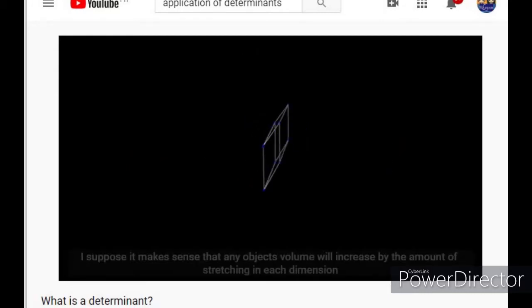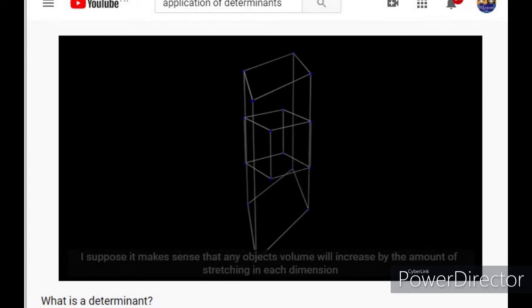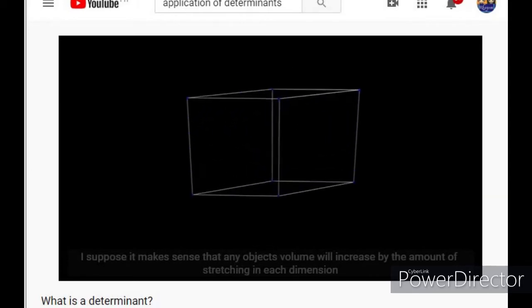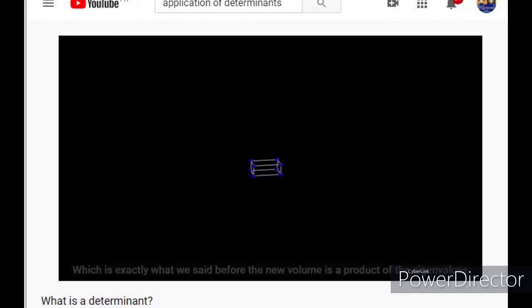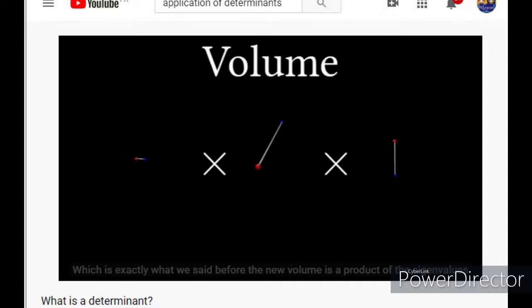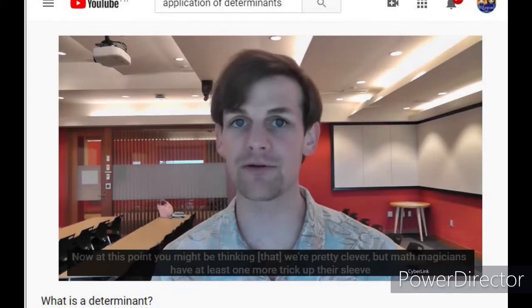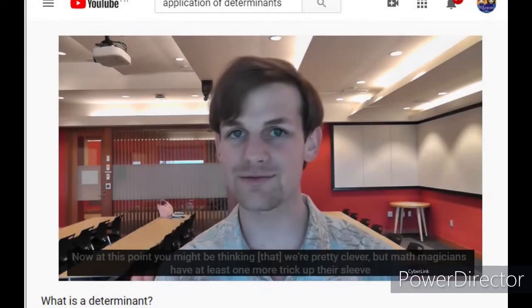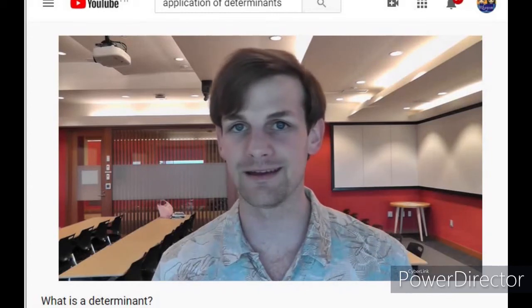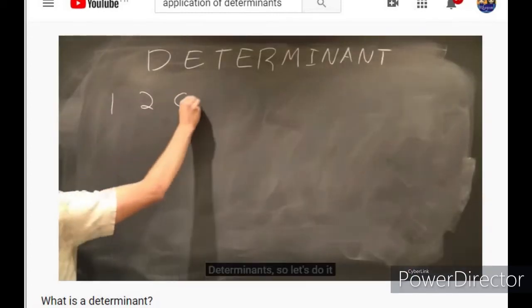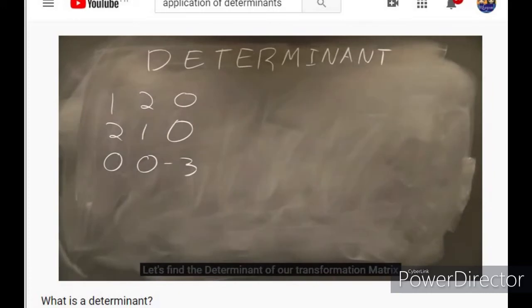Here, I suppose it makes sense that any object's volume will increase by the amount of stretching in each dimension, which is exactly what we said before. The new volume is a product of the eigenvalues. Now, at this point, you might be thinking that we're pretty clever, but mathematicians have at least one more trick up their sleeve. Determinants. So let's find the determinant of our transformation matrix.